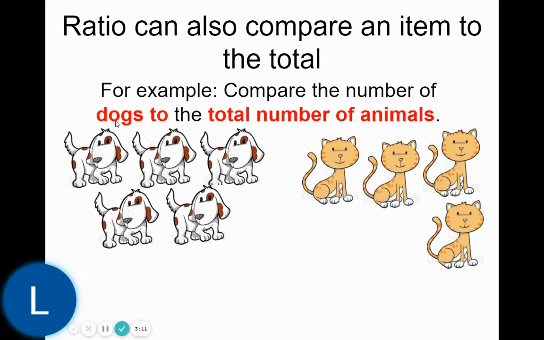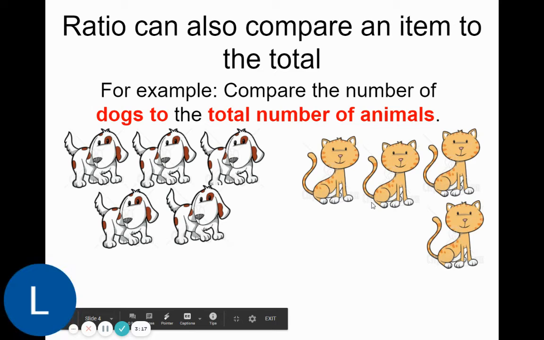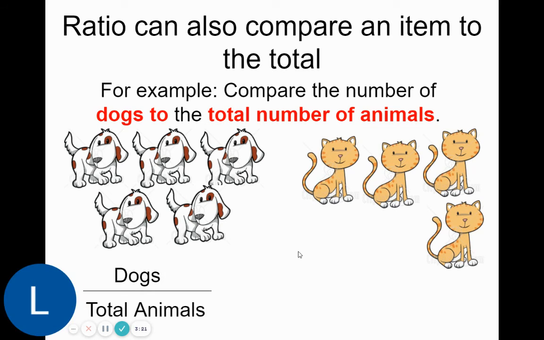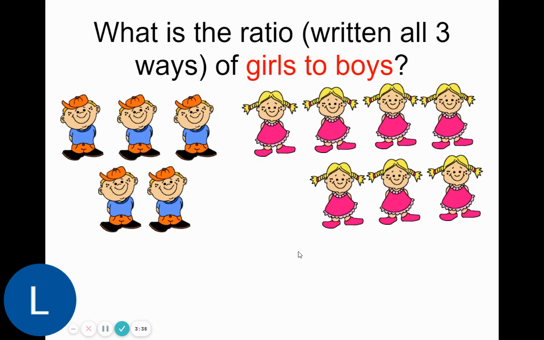Well, there's 5 dogs, but the total number of animals is going to consist of all the dogs and all the cats together, which is 9. So this would be dogs to total animals, 5 dogs, 9 total animals. That's like a fraction, or with the word to, 5 to 9, or 5 to 9 with the colon.